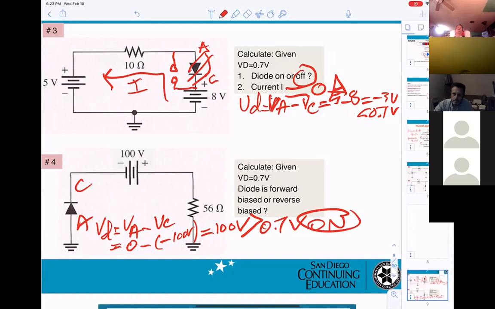Is that on or off? It will be on. Right now it is on, the forward bias.